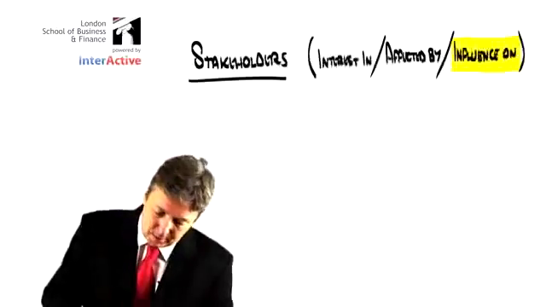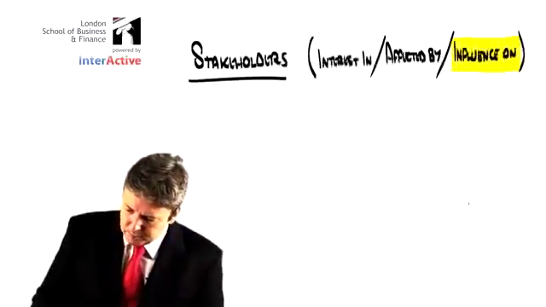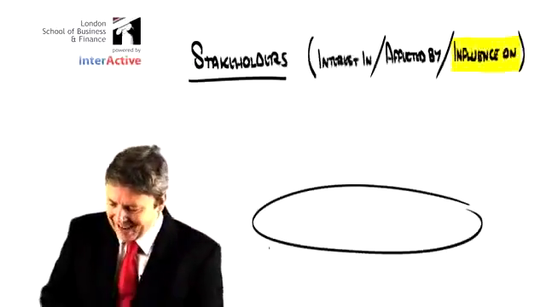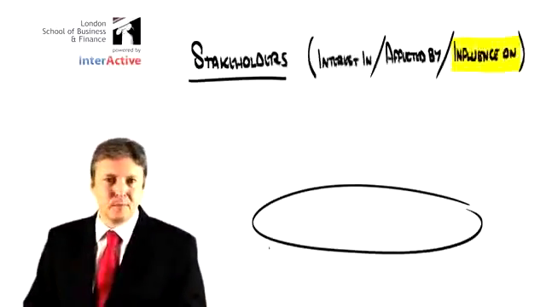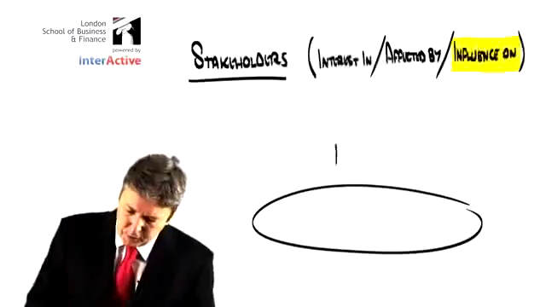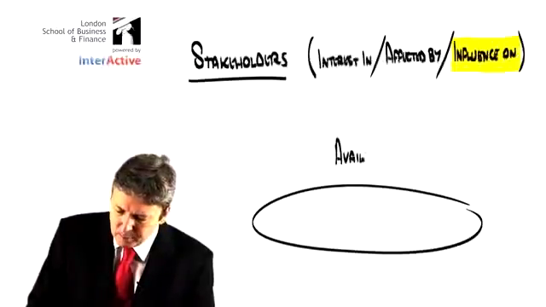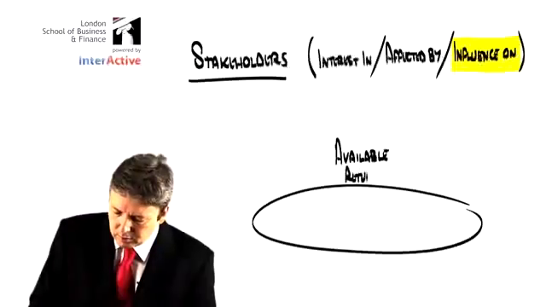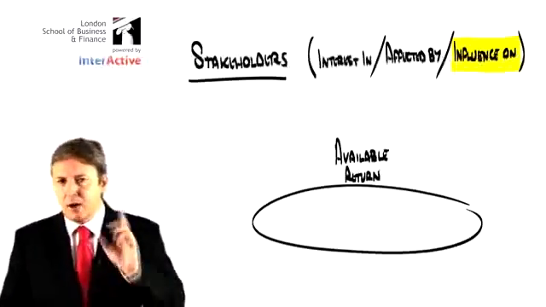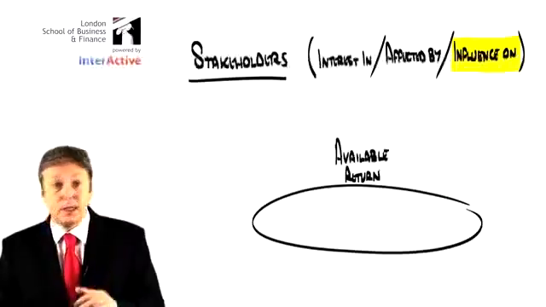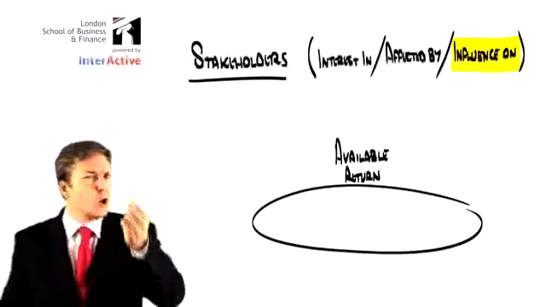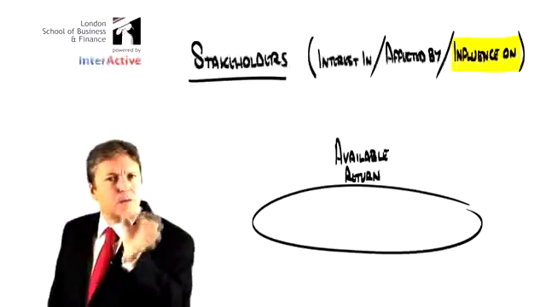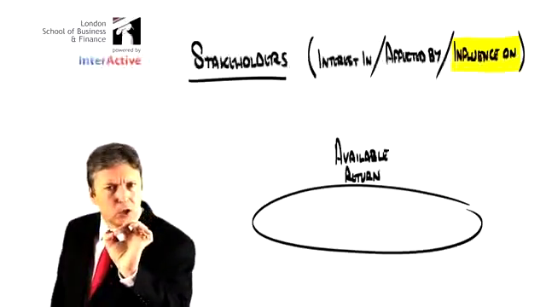Now, with that in mind, this is the basic idea. Here we have, what? A cake, a pie, or shall we say a pizza. And what this does is, if you wish, reflect the available return from the business. Now, I don't mean available return in terms of profits. I mean return in terms of the critical measure for the individual stakeholder that we focus on.